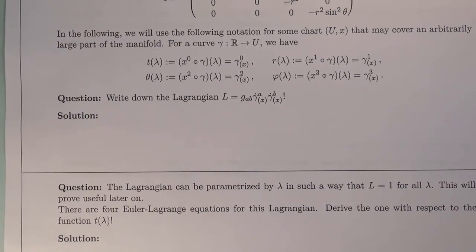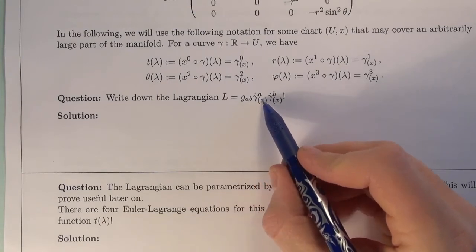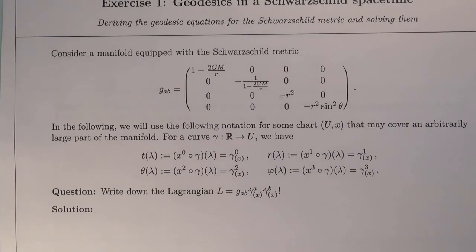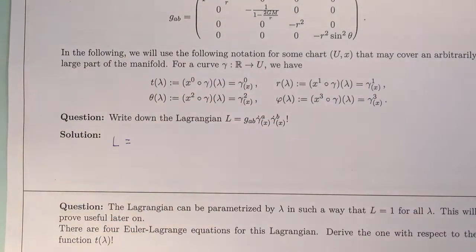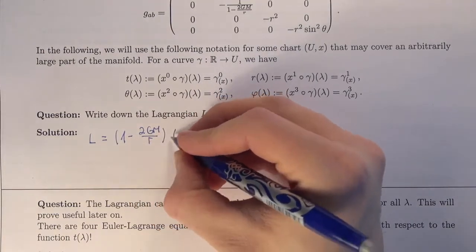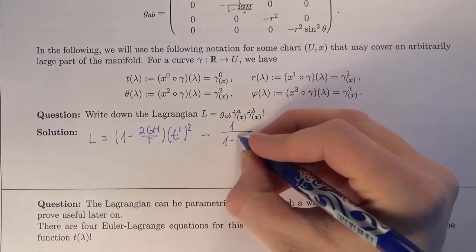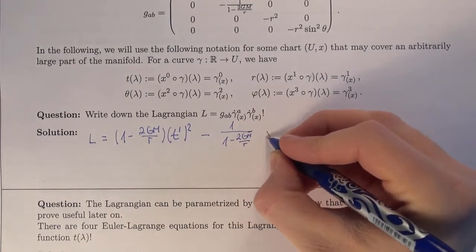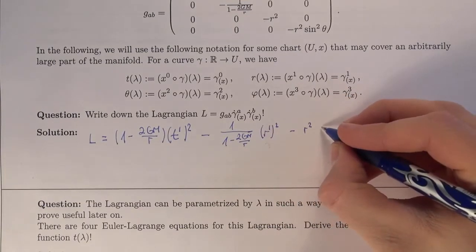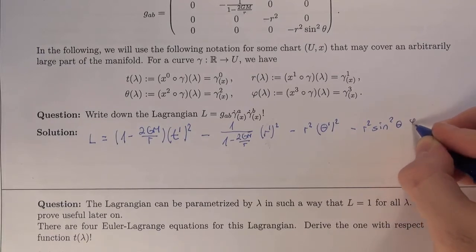the Lagrangian. The Lagrangian in its abstract formulation is given by g_AB γ dot A γ dot B. For this easy case of a Schwarzschild metric, this becomes the Lagrangian L is equal to (1 minus 2Gm divided by r) t prime squared, minus 1 over (1 minus 2Gm by r) r prime squared, minus r squared θ prime squared, minus r squared sine squared θ φ prime squared.